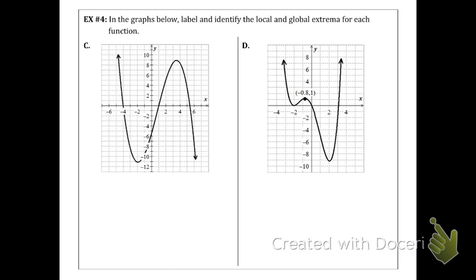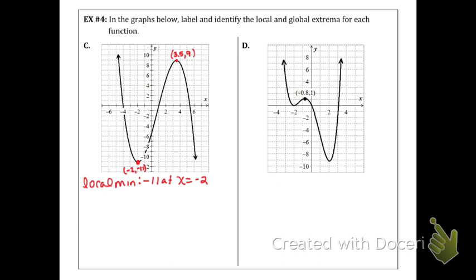All right, C. Let's see. This one's ordered pairs, so -2, -11. Here, this one is like 3.5 and 9. So let's see, I have a valley down at -2, -11, so I have a local or relative minimum of -11 at x equals -2.